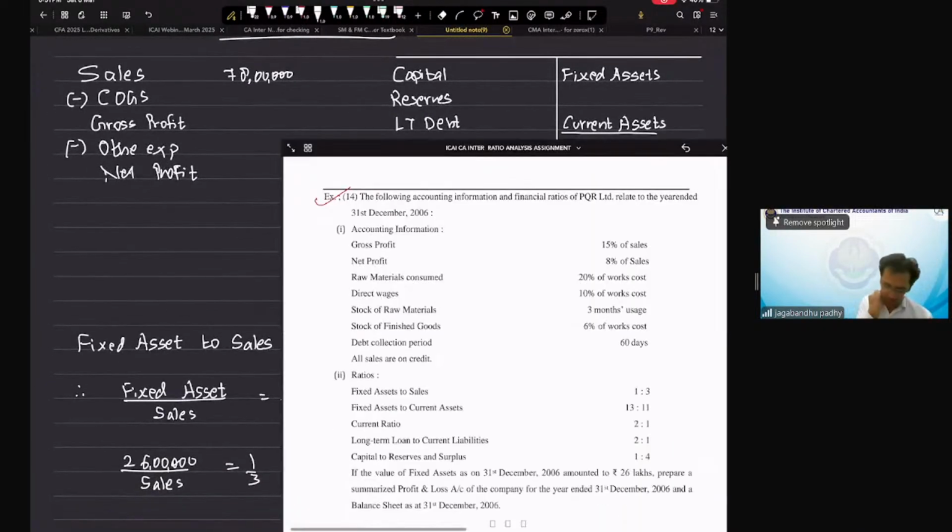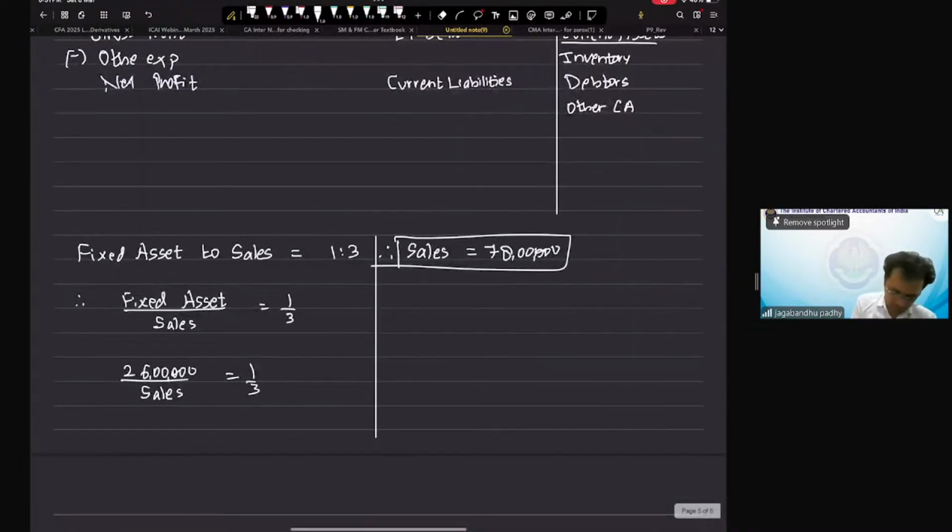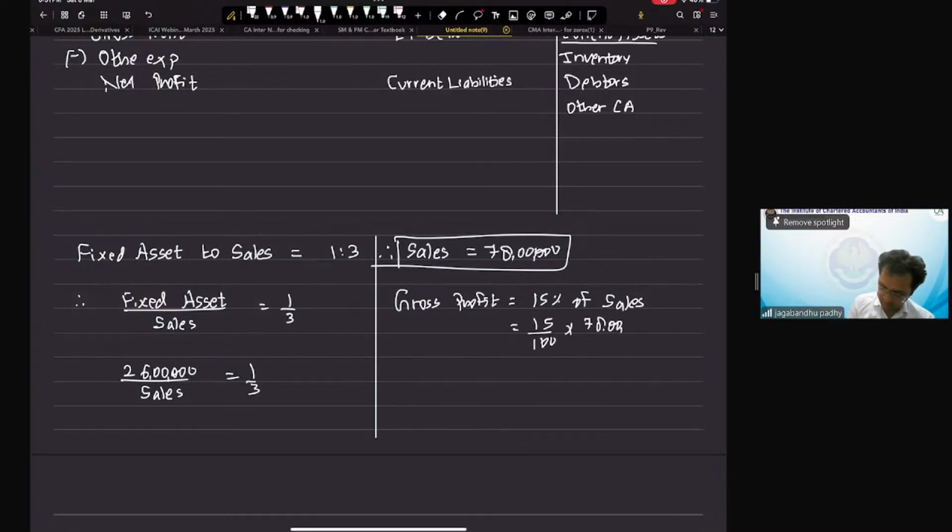Then what about COGS? With regards to COGS, the question is specifying a GP ratio of 15% of sales. So gross profit is 15% of sales. This is going to be 15% of 78 lakhs.